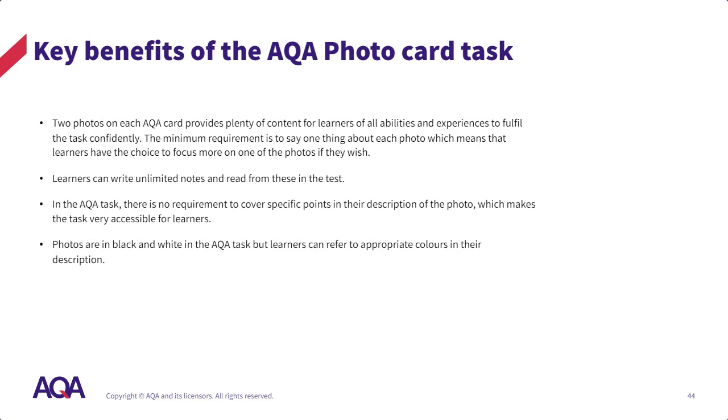In the AQA test, there is no requirement to cover specific points in their description of the photos, which makes the task very accessible for students, as they can say anything plausible or relevant and focus on what they have the language for. The photos are in black and white in the AQA task, but students can refer to appropriate colours in their description if they wish.